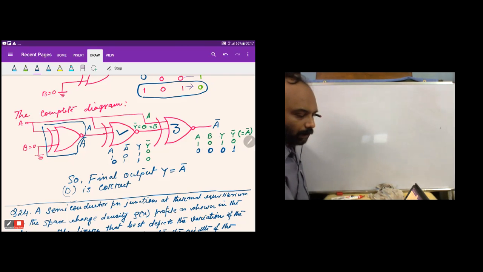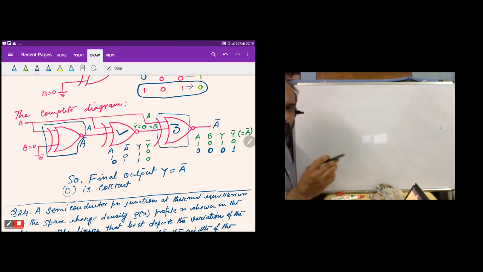So my truth table is A, B, Y. That is the exclusive OR gate. So A 1, B 0 gives me 1, and 0, 0 gives me 0 because it is an exclusive OR gate. And therefore my final output, which is Y bar, will be 0 for the Y output 1. For Y output 0, my final output will be 1.